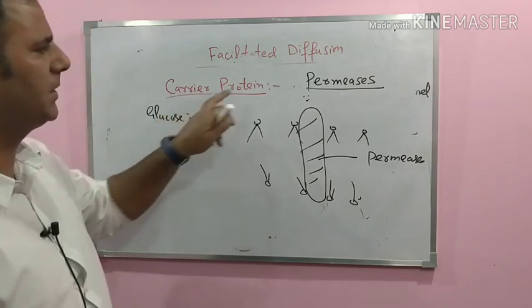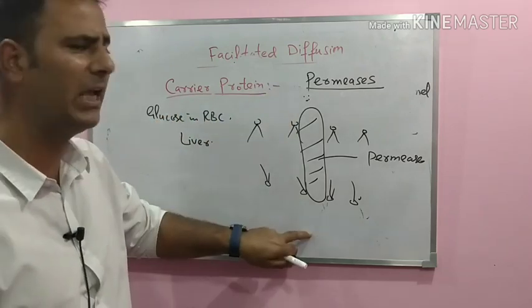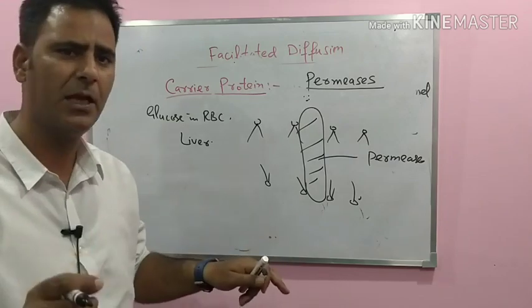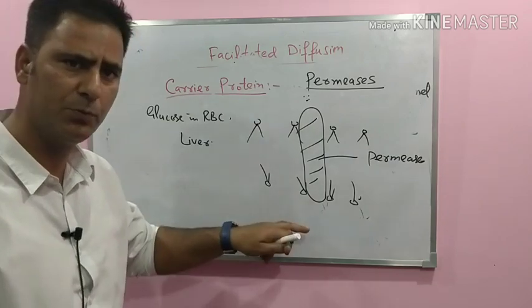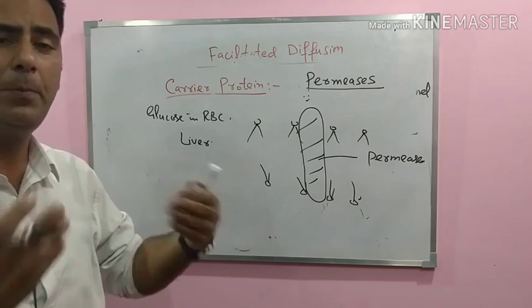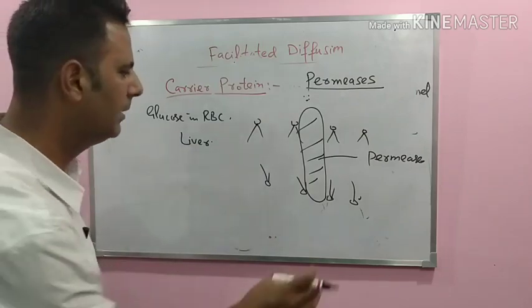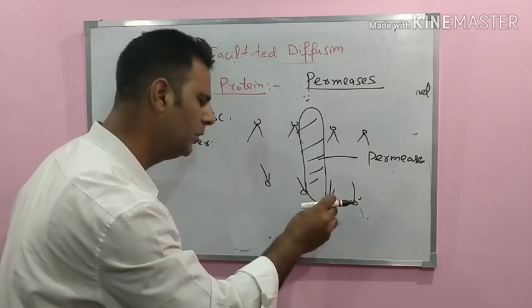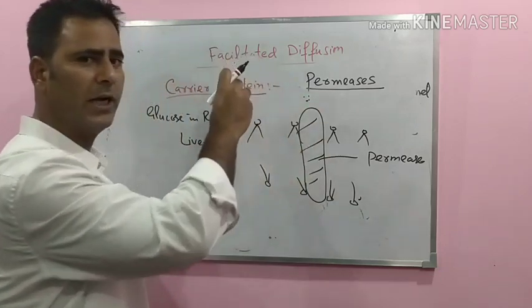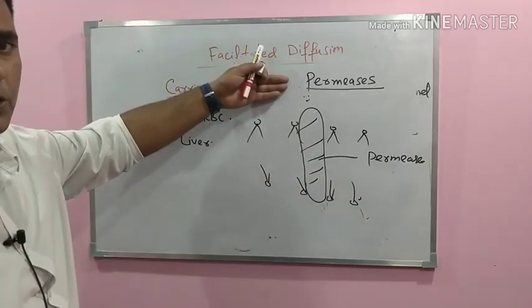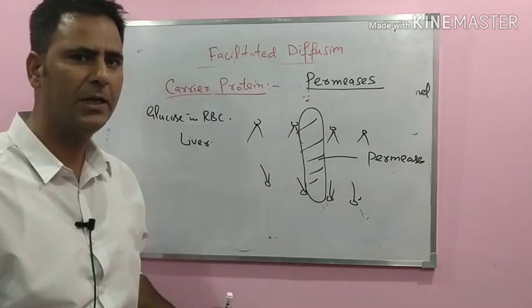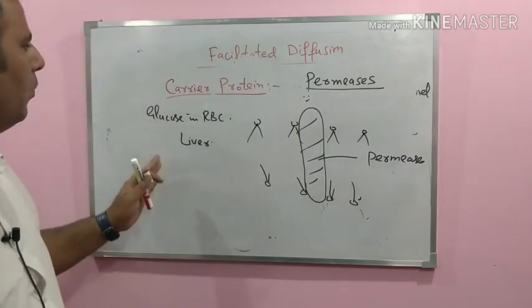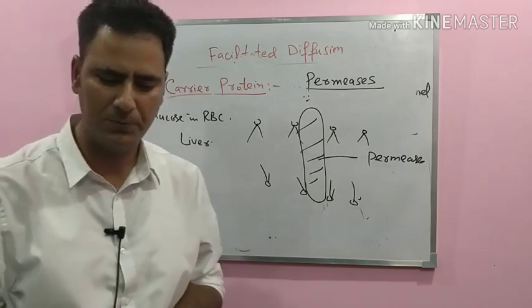Glucose is going to get transported from an area of higher concentration to the area of lower concentration. It depends whether it is going inside the cell or it is moving from the cell to the outside. It will depend upon the concentration of glucose. If the concentration of glucose is higher in the interior of the cell, glucose will move from within the cell to the outside. Or if it is more outside, it is going to move towards the inside. Understand? This is what happens in case of facilitated diffusion.